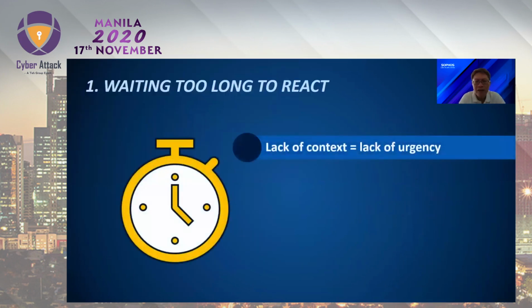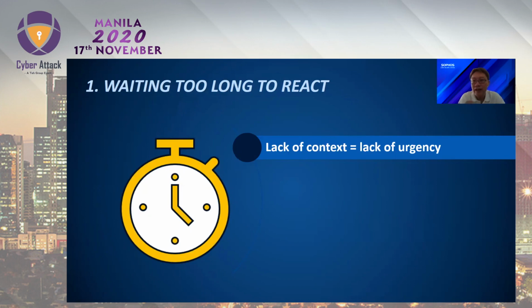The first is what we call waiting too long to react. What do I mean by that? There are a couple of scenarios that we have seen with many of our customers. The first is what we call the lack of context or lack of urgency.